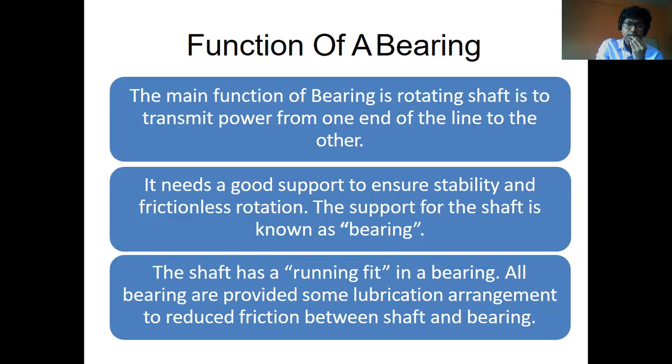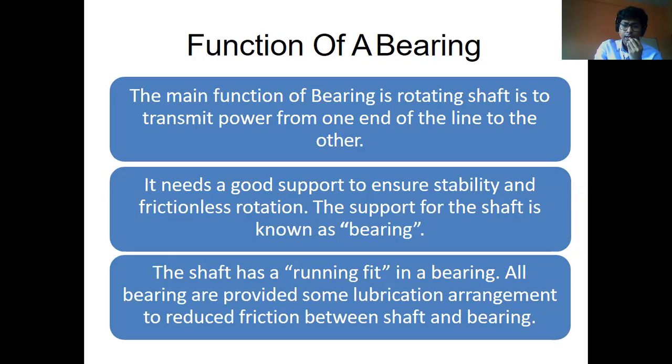So what is the function of bearing? The main function of bearing in a rotating shaft is to transmit power from one end to another end, and it needs a good support to ensure frictionless rotation.